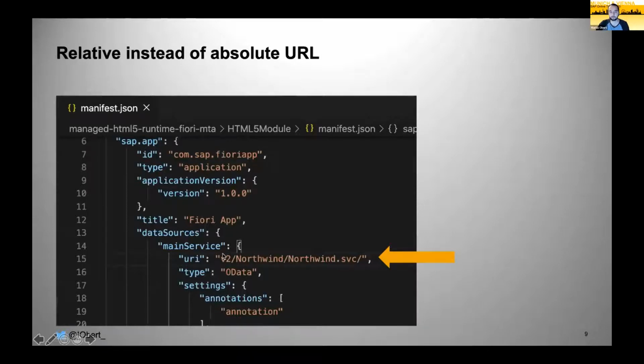Before, that was okay, because when it was starting with a slash, that basically meant that you have to define the route on the level of the application router. But as there is no application router anymore, you need to define it on the level of the web application. Therefore, you need to use a relative route here instead, because otherwise it won't be clear which route should be mapped to which destination.